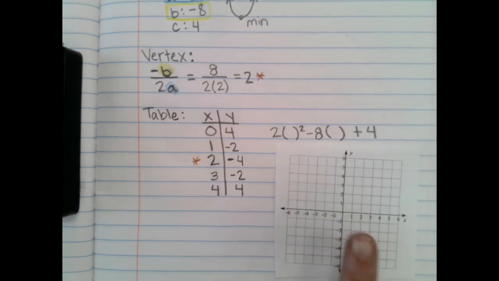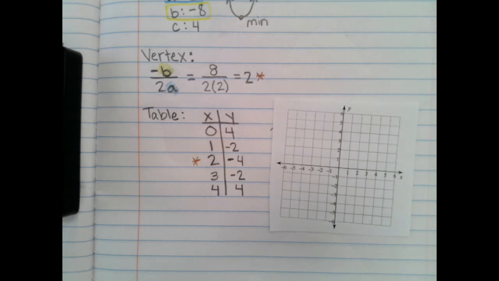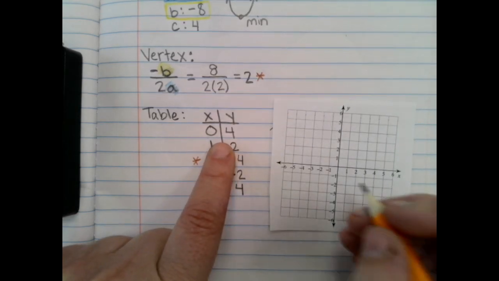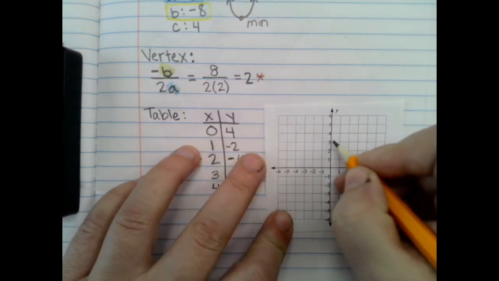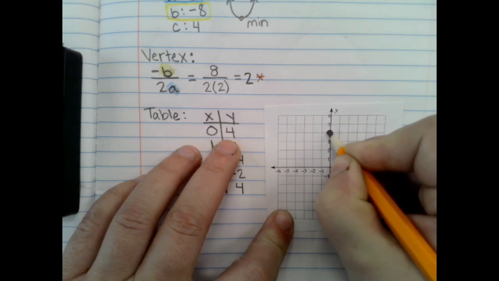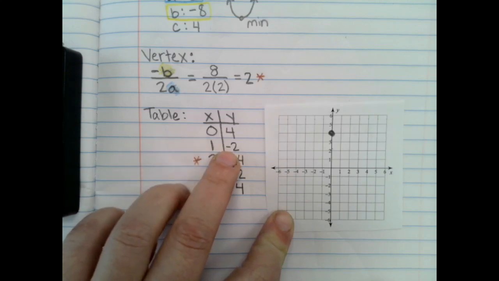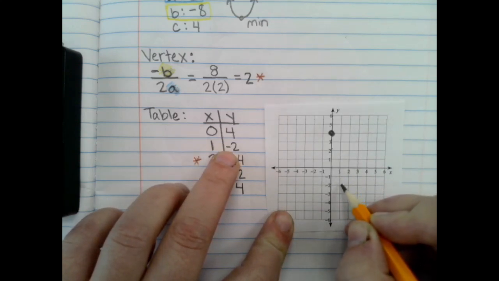Alright, I'm going to graph before I glue, just because it's easier to show this on the screen when they're close together. So 0, 4, 0, and then up 4. 1, 2, 3, 4. One, -2, so right 1, down 2.